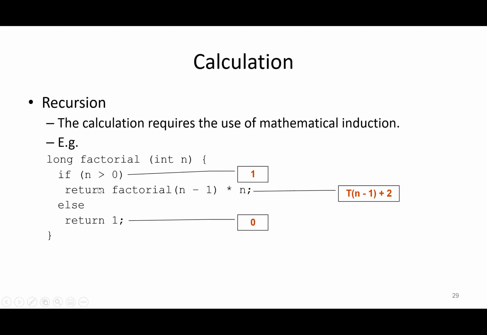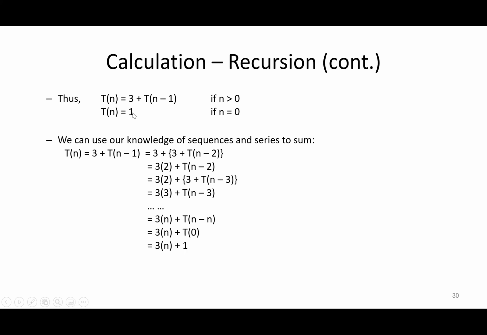Because based on the recursion function here, if the n that I pass in is 0, I must compare here. It's 0, so I don't call the function, I return 1. So I only execute this part, 1 operation, because the return doesn't count. So that's why T(n) is 1 only if your n is 0.